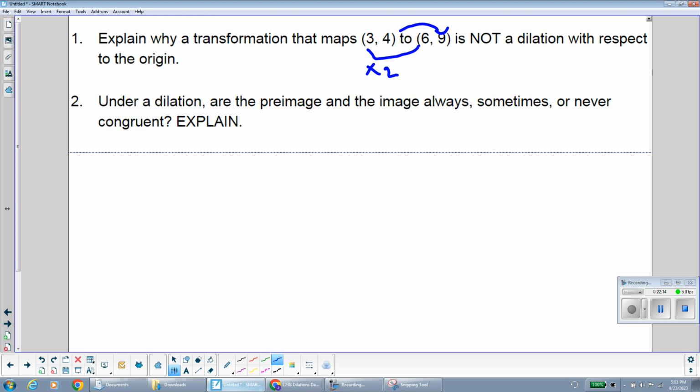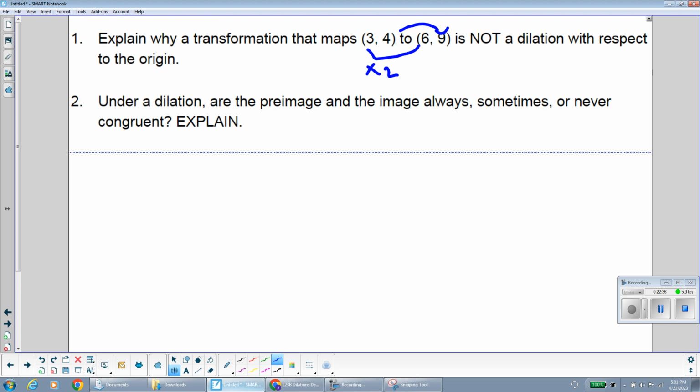Under a dilation, the pre-image and the image are sometimes congruent. Usually they're not congruent because a dilation makes a figure bigger or smaller depending on the scale factor. Dilations are the only non-rigid motions. Reflections, rotations, and translations are rigid motions, which means they make congruent figures. Dilations don't preserve side lengths.